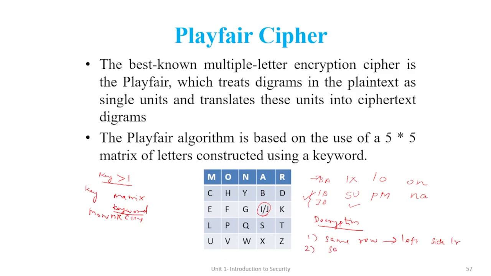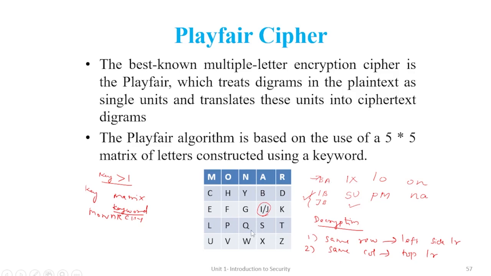If the letters occur in the same column, you write its topmost value, that means its immediate top side value. For example, my ciphertext is IB. So I is here, B is here. Same column, so you write the top letter value. I's topmost value is B, and B's topmost value is A. So the answer is BA.